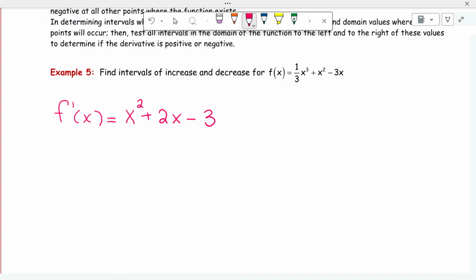Right, so are you picturing that is my derivative graph? So I need those critical values. So I take my derivative, set it equal to 0 to get those critical numbers.